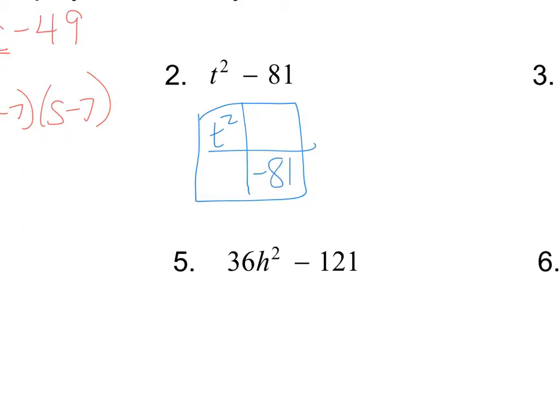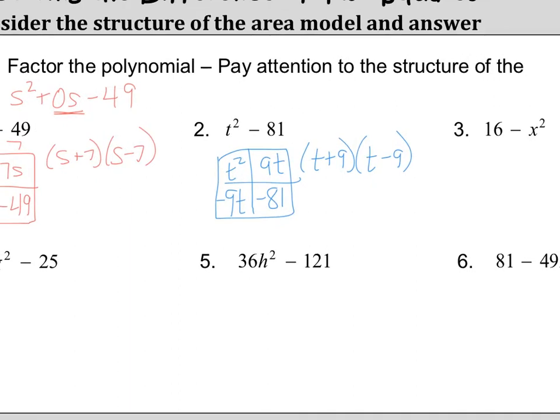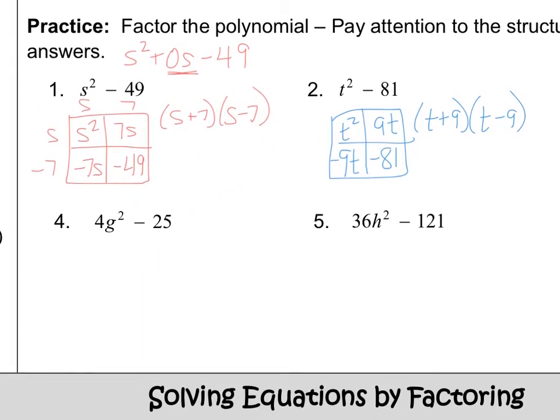Since we're trying to get to a 0, because we don't have a middle term, we know that plus 9 and minus 9 will become 0, and that gives us our pattern. So our answer to this one is t plus 9, t minus 9. Maybe you're starting to see the pattern already.